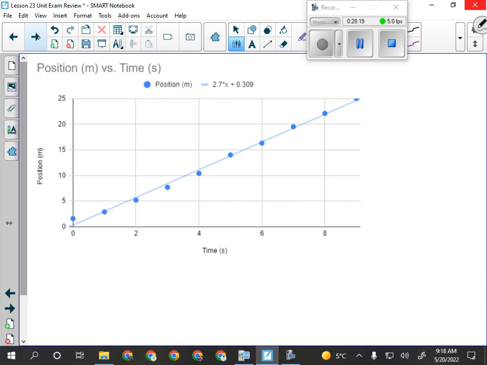Okay, so here's something I might ask on a unit exam. Here's a position versus time graph. There's the equation, y equals 2.7x plus 0.309.